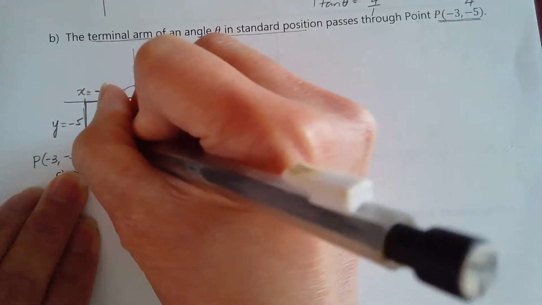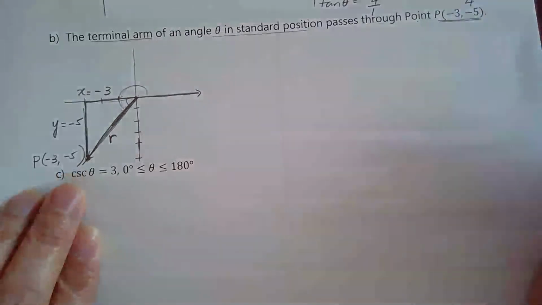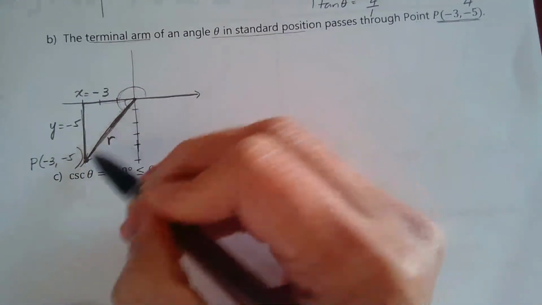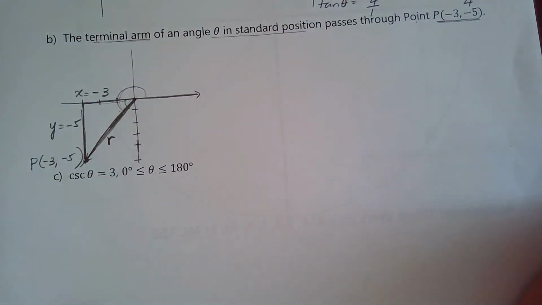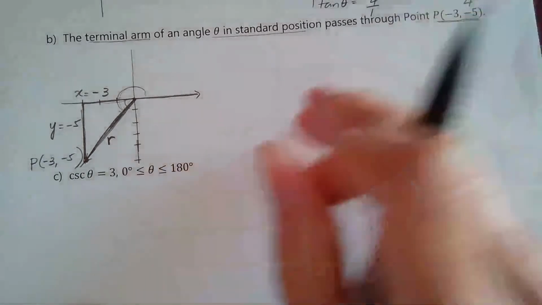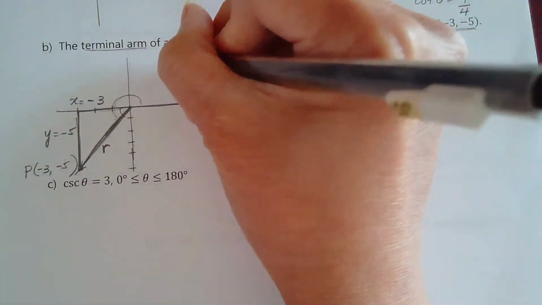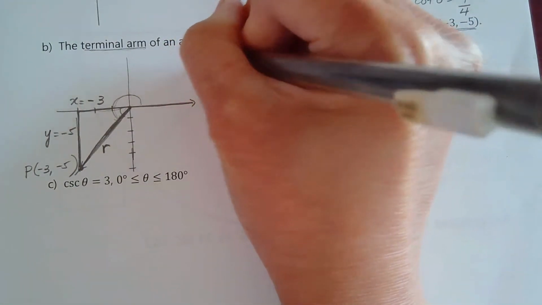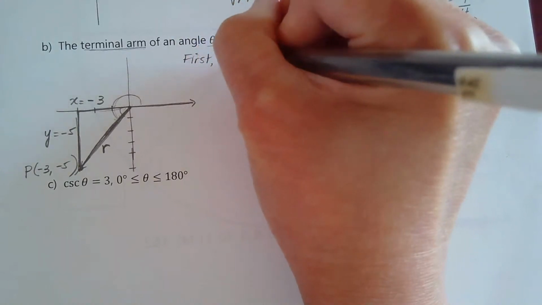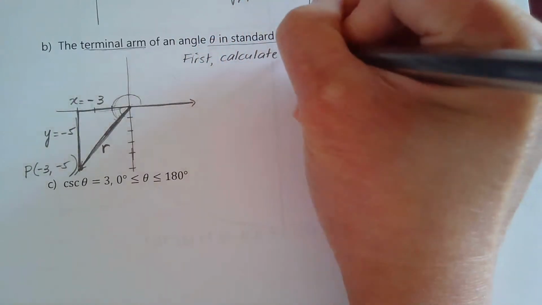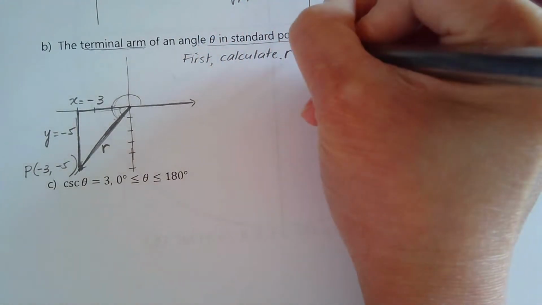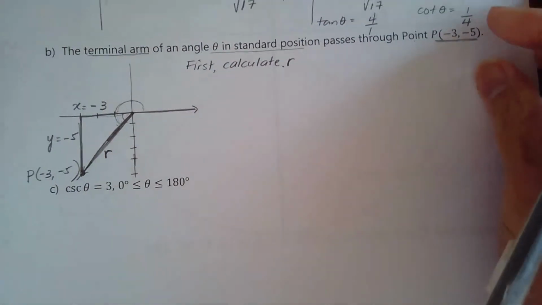So we're missing the r, or the hypotenuse of this triangle. So first, calculate r.